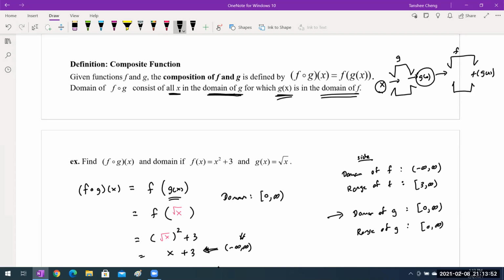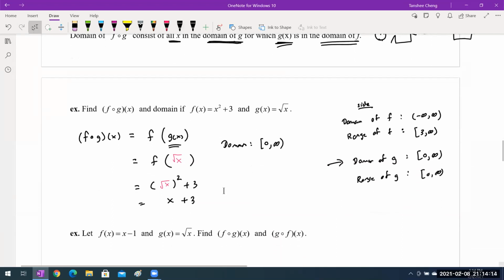If you don't have an output value in the g function, you can't even have the input value of f, and you cannot continue. That's the whole point of it. So it's very important that you check it very clearly and carefully. Okay.